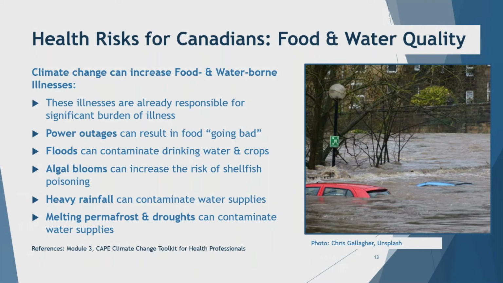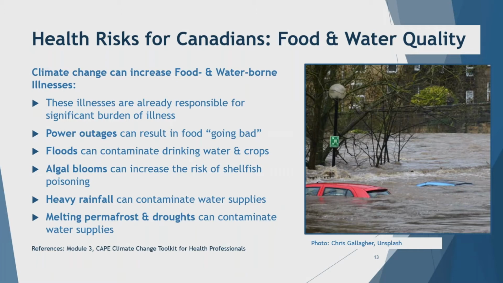So climate change can increase food and waterborne illnesses. Again, these are illnesses that already are responsible for a significant burden of illness in Canada. But we know that with power outages, like the one we described for Ontario and Quebec, we could have people eating food that might be going bad.